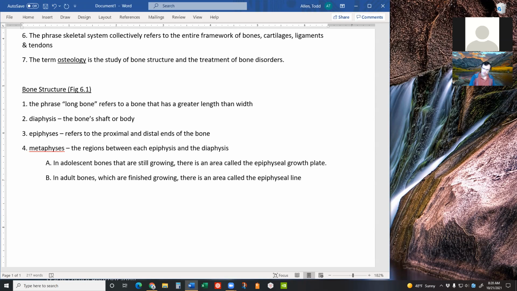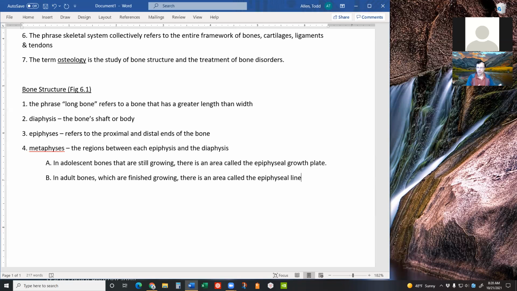In adults that are finished growing, like somebody that's 42, that epiphyseal growth plate that was present in the adolescent bone turns into the epiphyseal line. So what I'm telling you is the epiphyseal growth plate and the epiphyseal line are the same things at 2 moments of time in the development of your body.